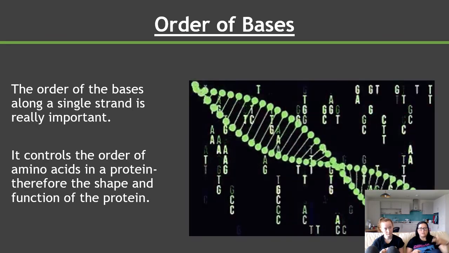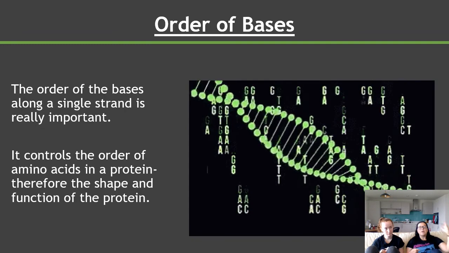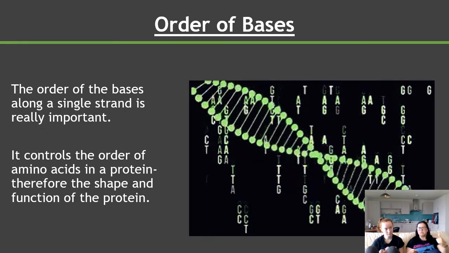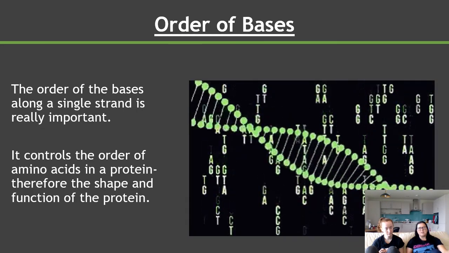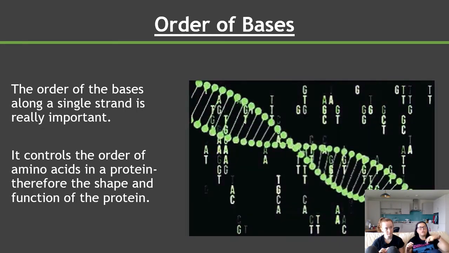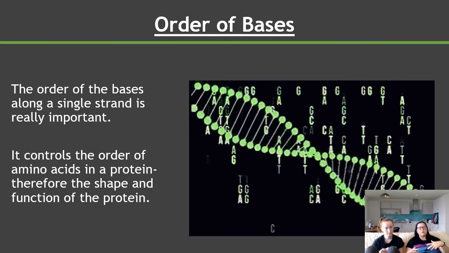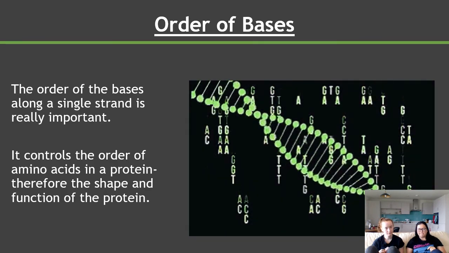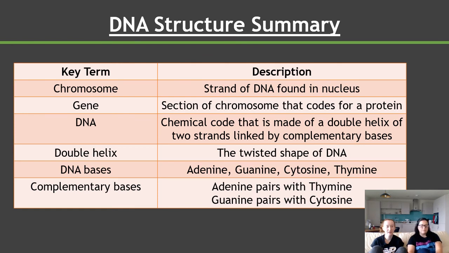Is this code of A's, G's, C's, and T's, that is a code that is spelling out instructions on use this amino acid, then amino acid C, then amino acid D. Okay, and if you change that code, then you're going to end up with a different amino acid in a different place.